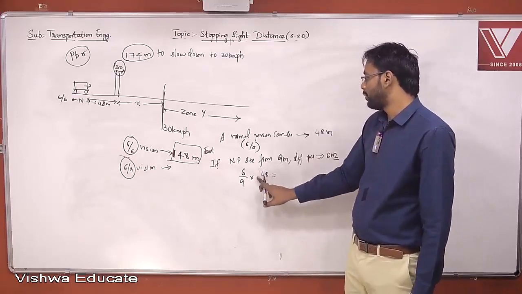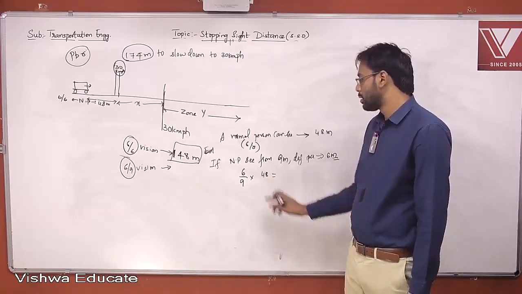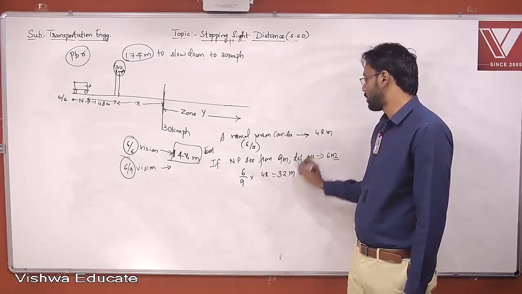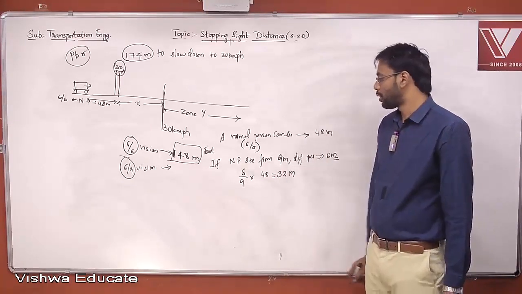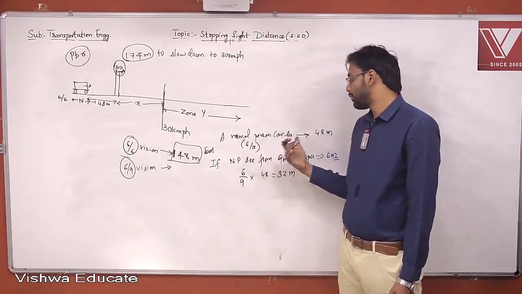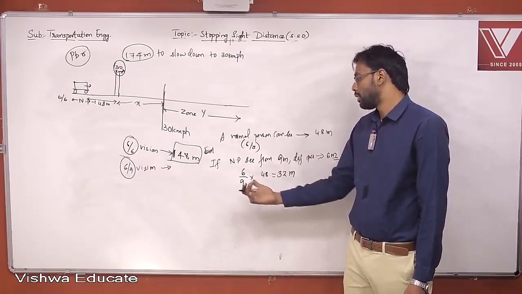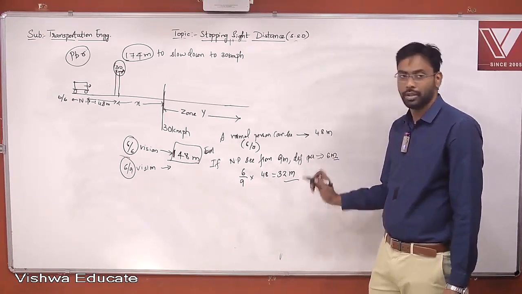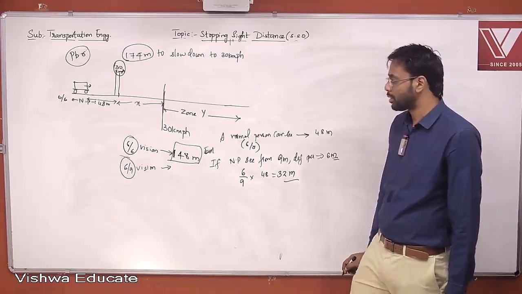So a 6x9 vision driver can see it from 6/9 into 48, which is 32 meters. If a normal person can see it from 48 meters, a defective person will be seeing it from only 32 meters.